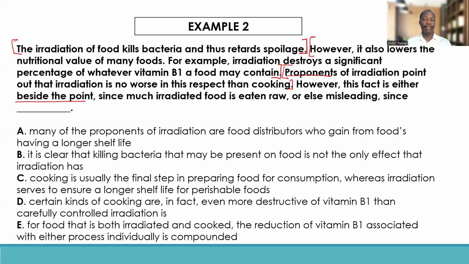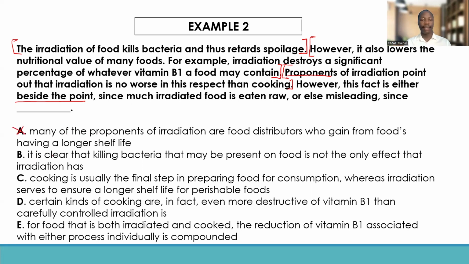What A is telling us is that proponents of irradiation are food distributors who gain from foods having a longer shelf life. This probably undermines the proponents' arguments, but this attacks the character of the proponents, not necessarily the argument that they're putting forward. So A is definitely out.